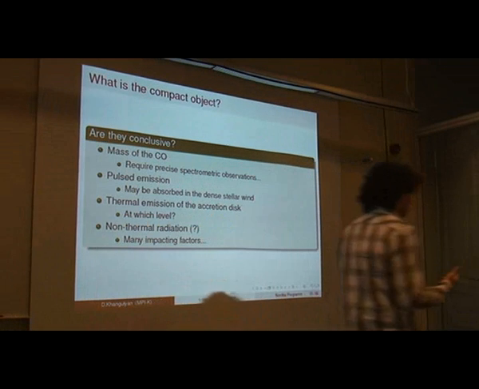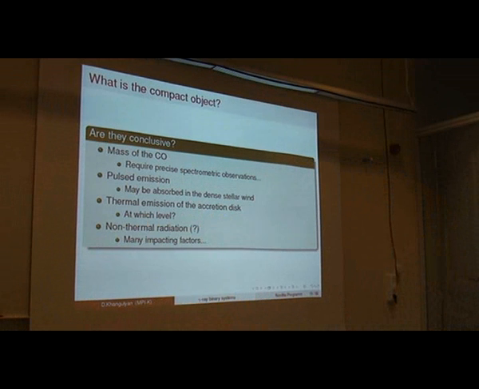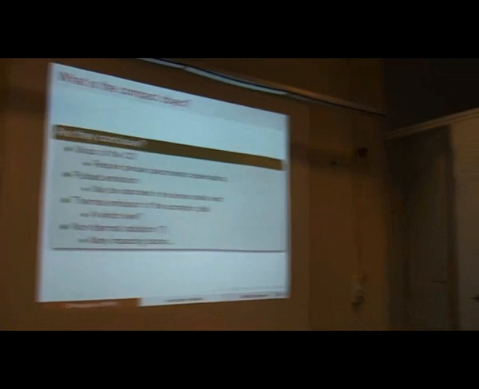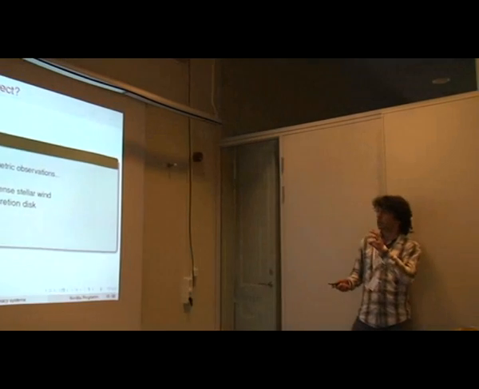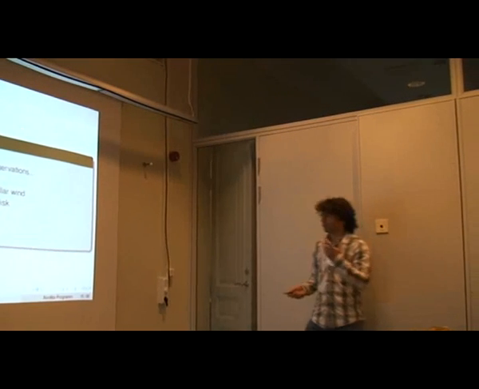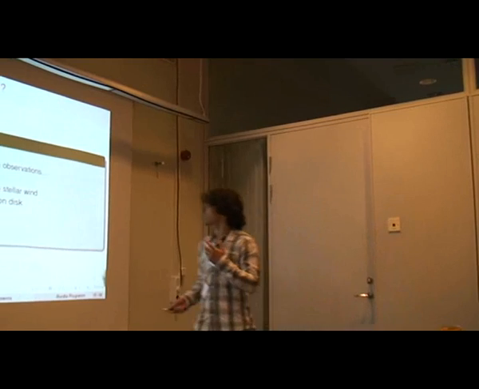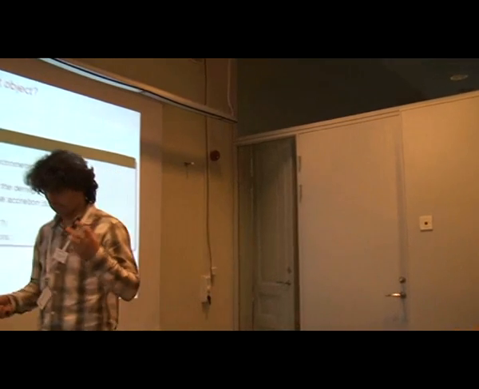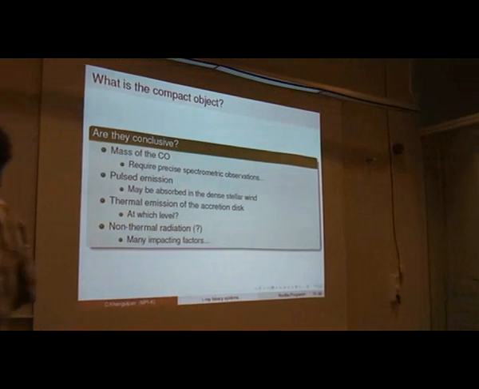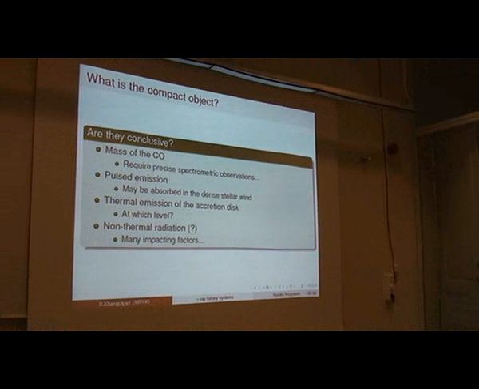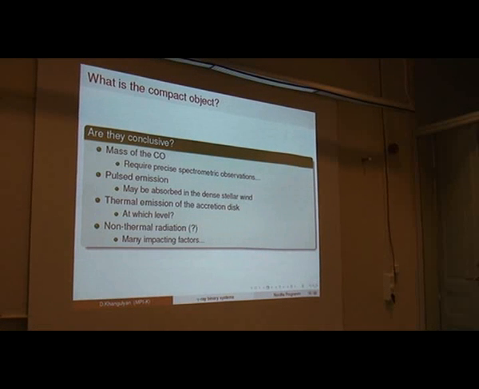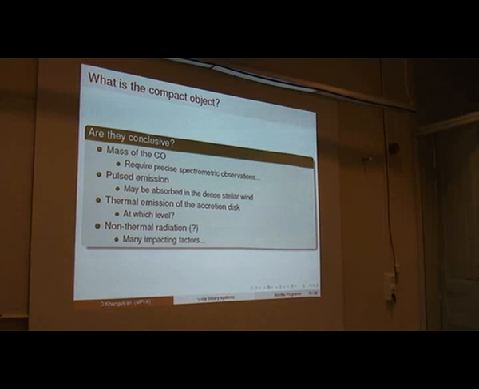But strangely, all these arguments are quite complicated. To measure the mass of the compact object, we need to perform really very precise observation of lines. If one does not detect pulsed emission, it does not mean anything, because the pulsed emission may be absorbed in the dense surroundings of the system, in the stellar wind or so.